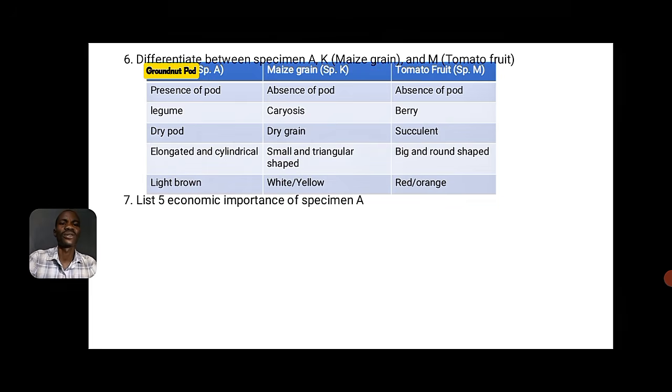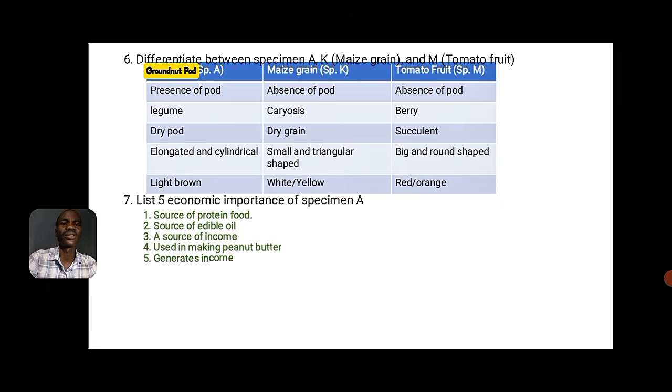The next question: list 5 economic importance of specimen A. Number 1, it is a source of protein food. Some of you will wonder that groundnut is more of oil, but it contains protein. Number 2, it is also a source of edible oil. That's why we have groundnut oil.